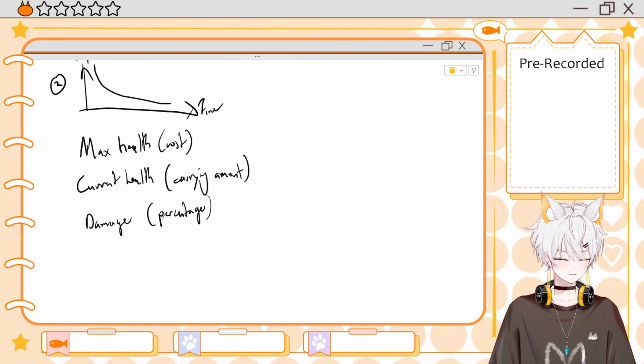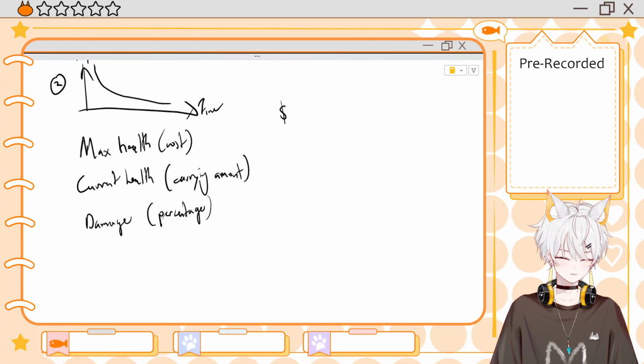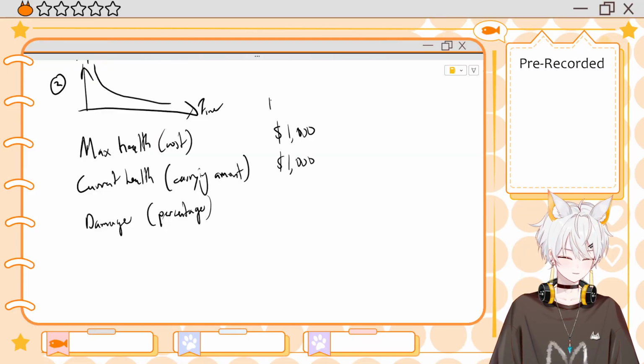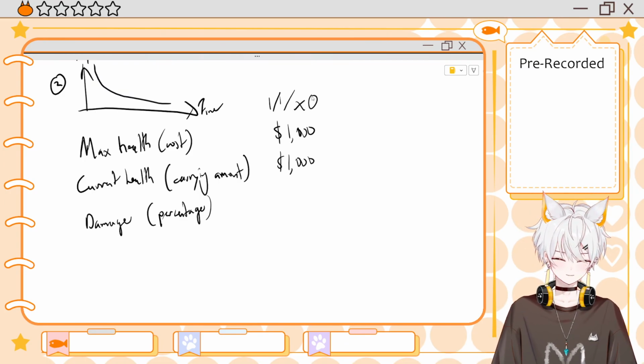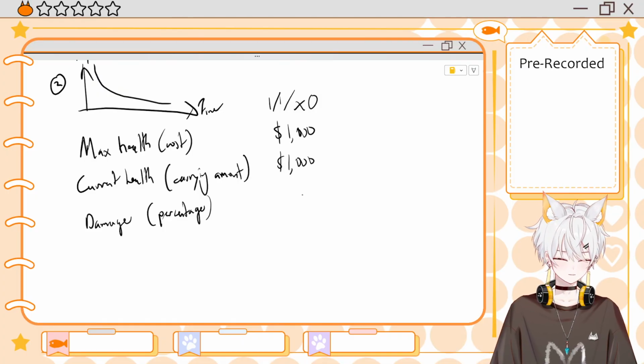Okay, so how do we go about this? We've laid out some of the rules. Same thing, we have $1,000 max health. Current health is still 1,000. Let's say this is first gen, X0. Then damage percent would be, let's say, 10%.